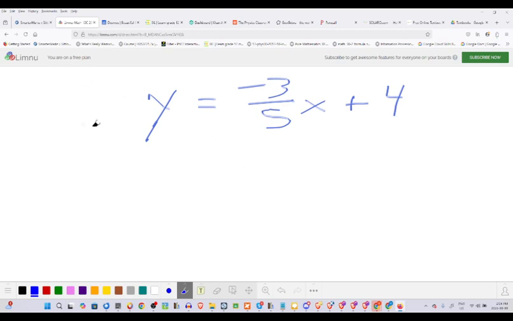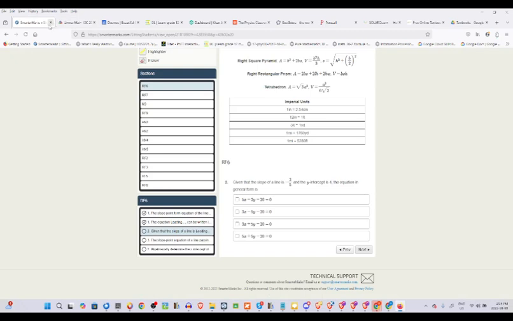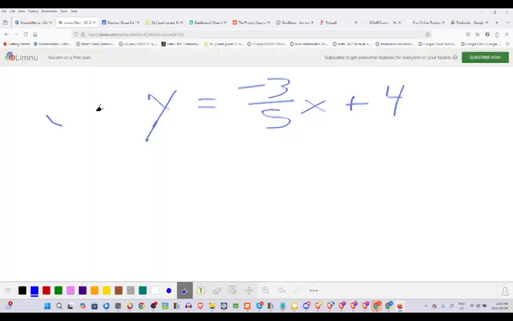And now we are asked for standard form, or general form. All right. So we're going to multiply everything by 5 to get rid of our denominator. 5y. We cancel the denominator here. That's the whole point to multiplying by it. And that's 20.